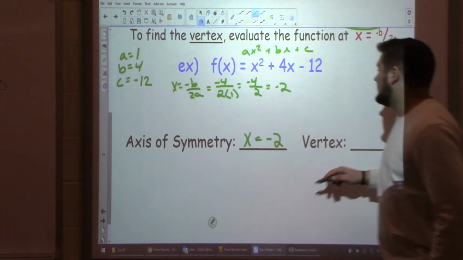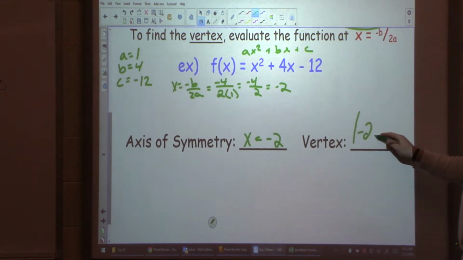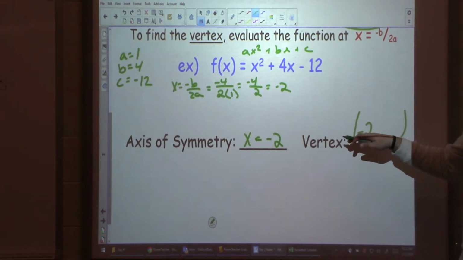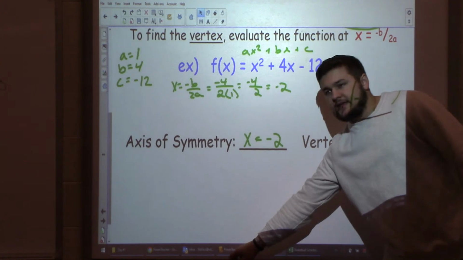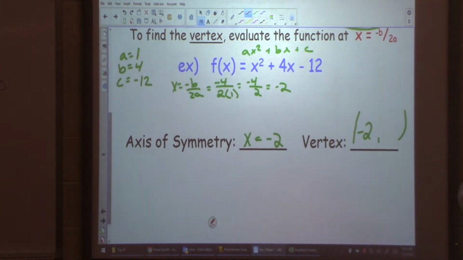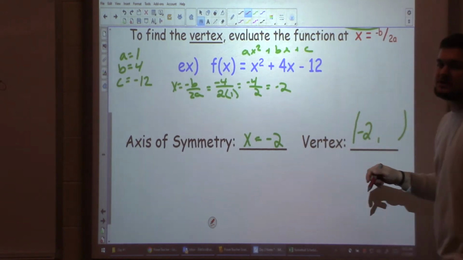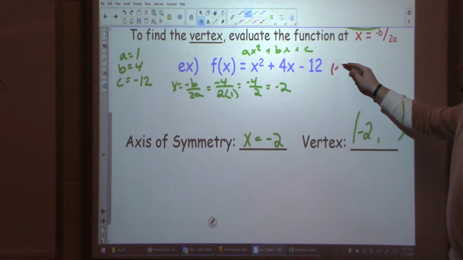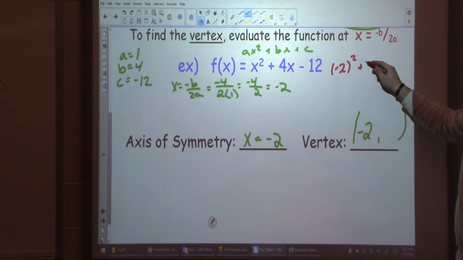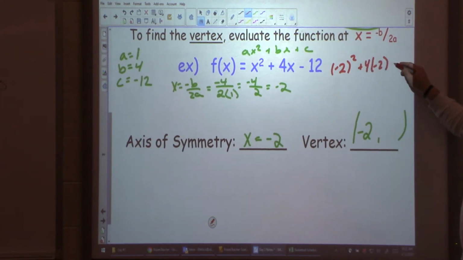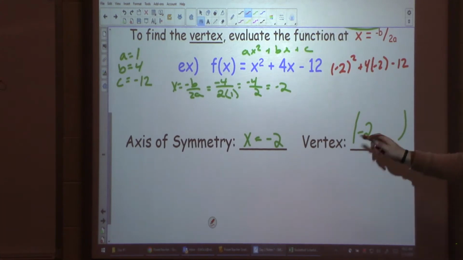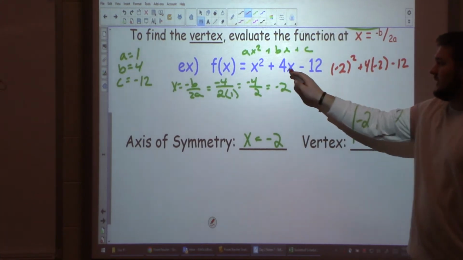Then, when I'm trying to find my vertex, my x value is going to be negative 2. And to find my y value, I'm going to take this negative 2 and plug it in for all the x's in the equation. Negative 2 squared plus 4 times negative 2 minus 12. All I did is take my x value and plug it in.